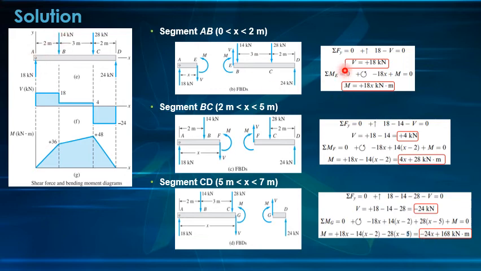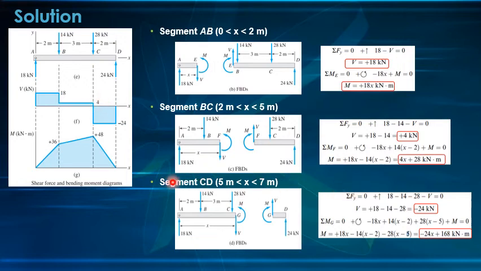Okay. Example. Itong segment AB from 0 to 2. Constant yung shear natin, which is 18 kilonewton. Kaya ito, nandyan siya, 18 kilonewton. Okay? And then from 2 to 5, constant ulit yung shear natin, that is positive 4 kilonewton. Kaya ito siya, positive 4 kilonewton.